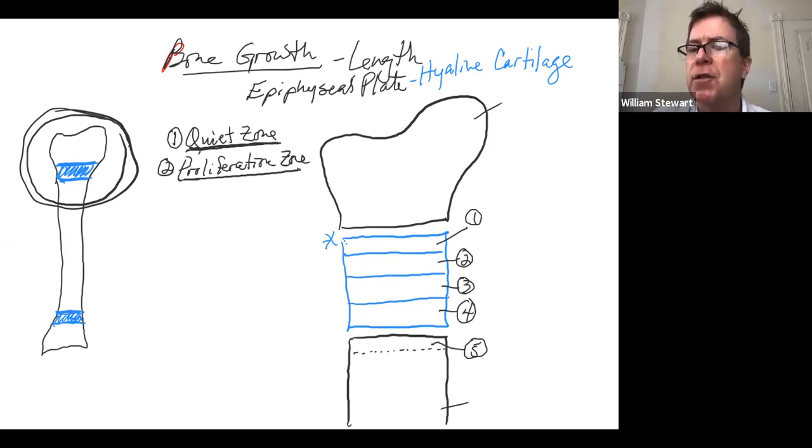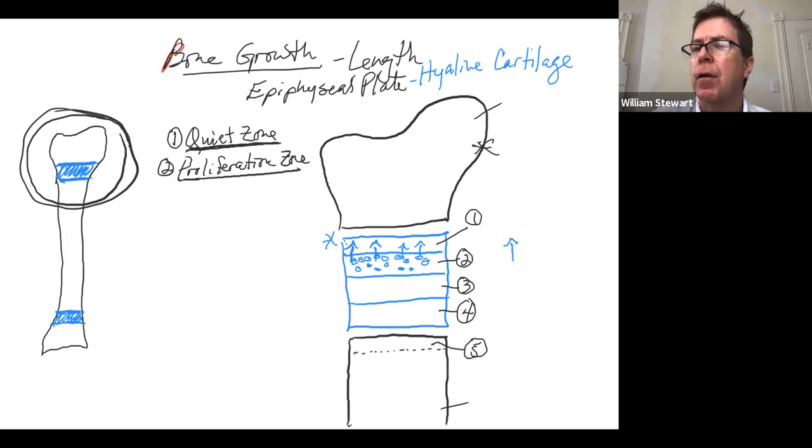So new cartilage is being made, there's a lot of chondroblasts in here secreting new cartilage matrix. That pushes up this way onto the quiet zone. So the cartilage plate itself is growing this way, and it's pushing up on this diaphysis cap of bone.